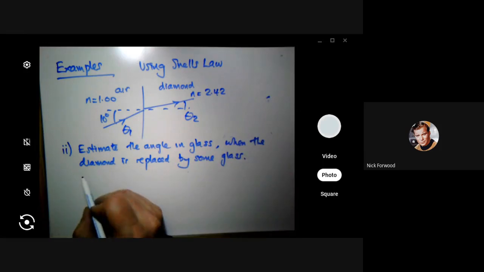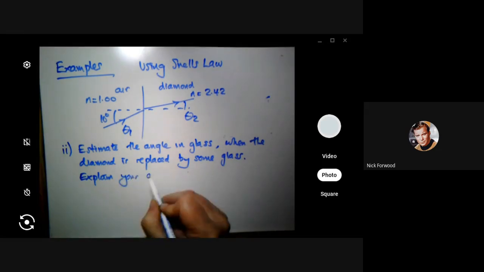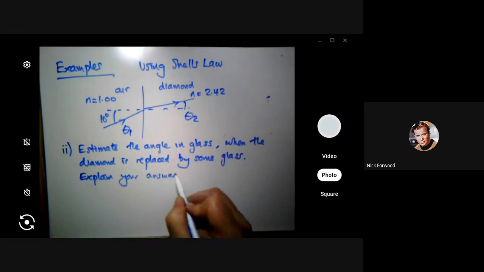You need to justify your answer or explain. You need to look at these command words. We'll be doing more on command words later. There is a list of command words in the resources sheet that says exactly what you need to do. So explain your answer. And if you don't explain your answer, you're not going to get the marks, even if your estimate is correct. So you're going to have to do some sort of estimate of what's going on.